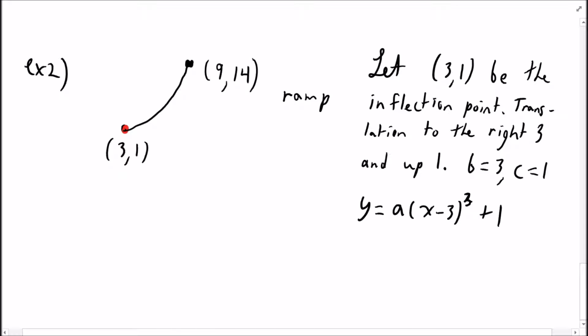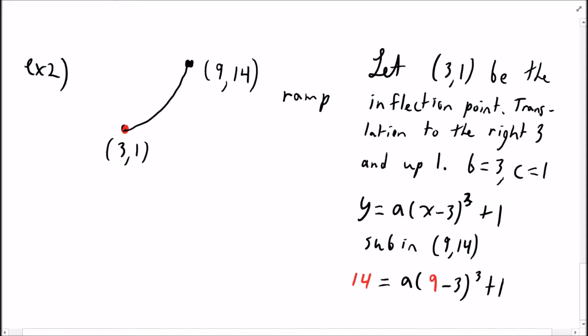And once again, we're going to sub in the other point. So we're going to sub in 9, 14. So we get 14 equals a bracket 9 minus 3 cubed plus 1.